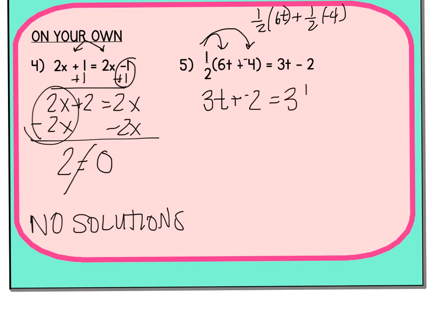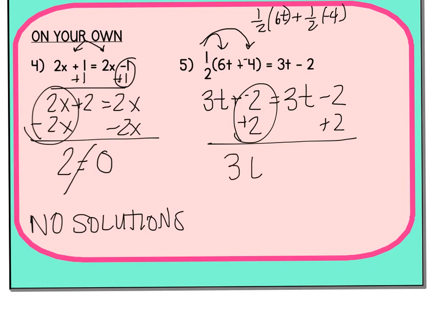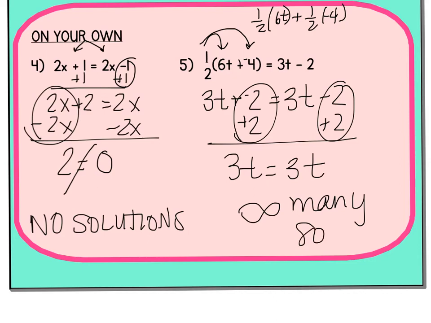And then we have equals 3t minus 2. When I go through, I could get rid of this negative 2 by adding 2. That gives me 3t equaling 3t. They're the exact same, which means we have an infinite number of solutions. So we can say infinitely many solutions.